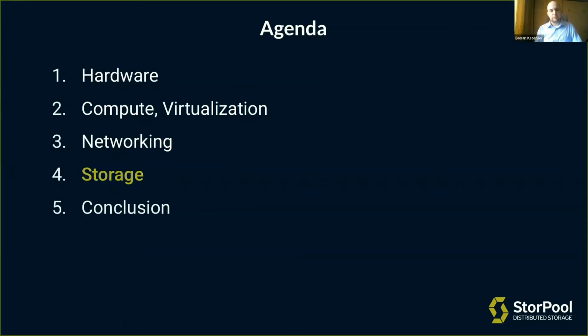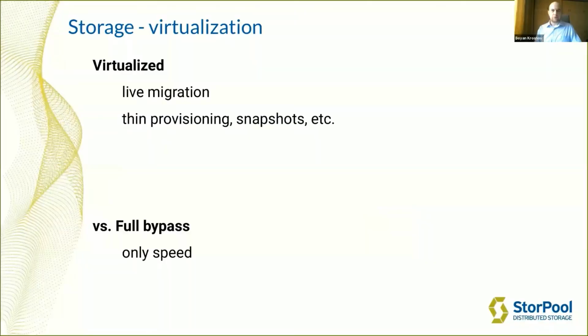Our last section is storage. On storage, again, there are two approaches. You have virtualized storage, which means the storage requests are processed by the host operating system in some way. And you have full bypass. So for example, if you have an NVMe device in the host, you could pass the whole device to a virtual machine.